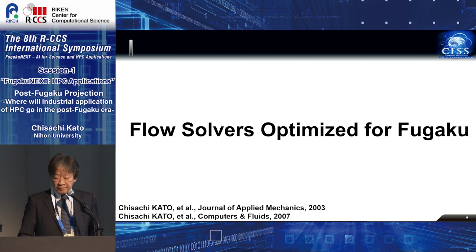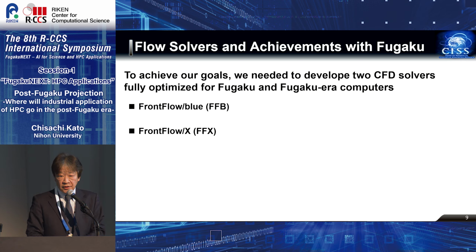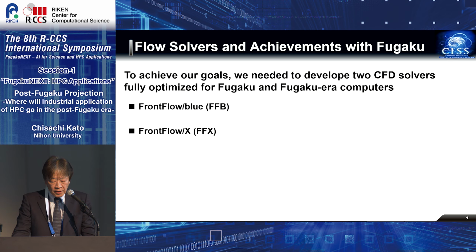For doing that, we have developed four flow solvers because no software is available to meet our goals. The first solver is called FrontFlow/blue. This is some of the target software that Professor Aoki mentioned in his talk. And also, we are developing a lattice Boltzmann method. The name of the code is FrontFlow/X.